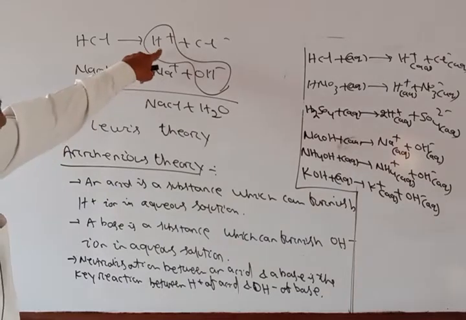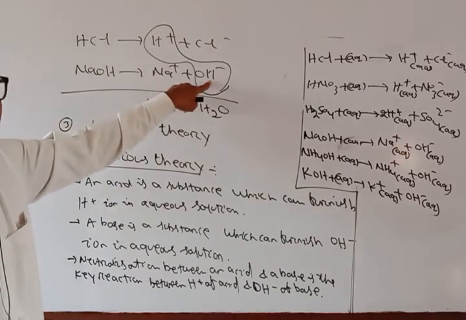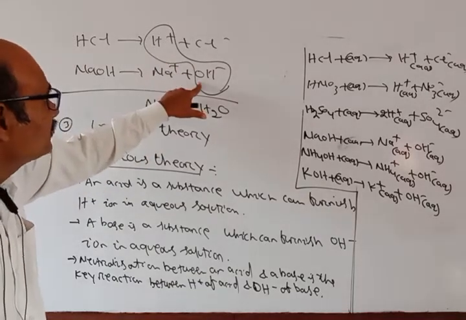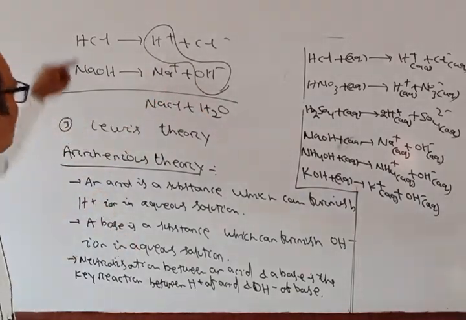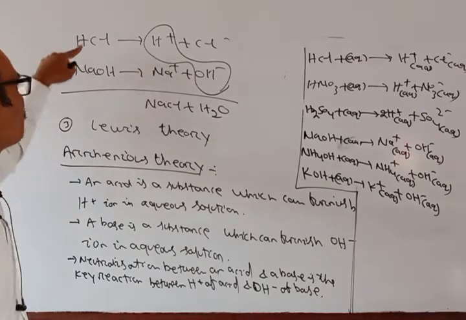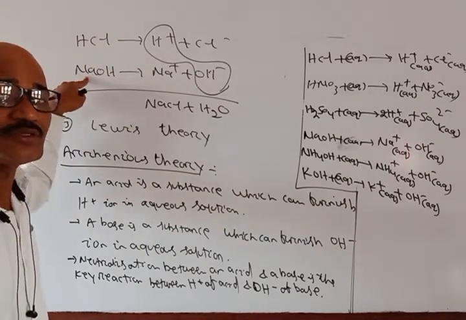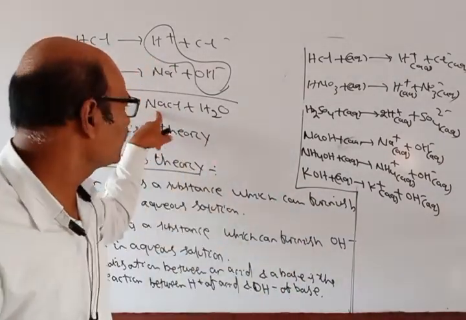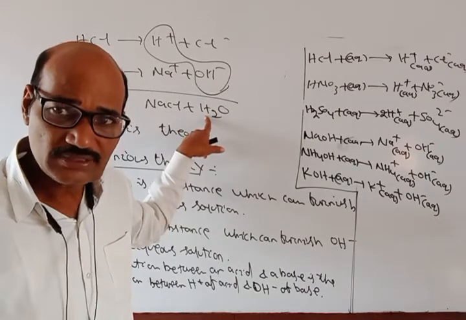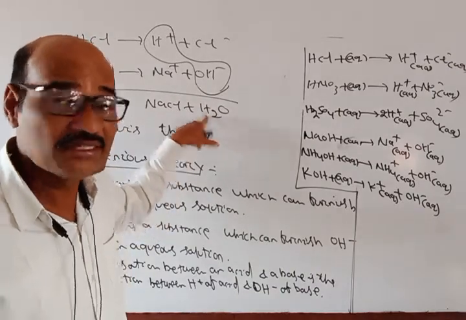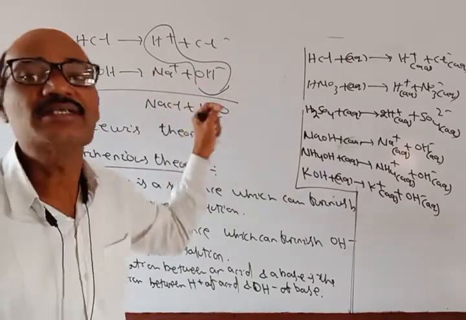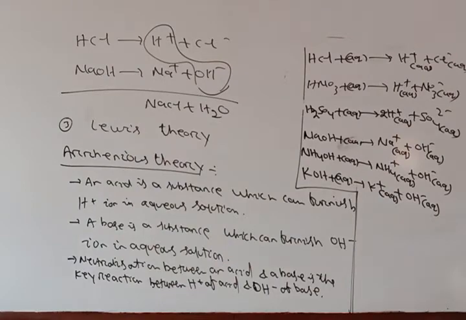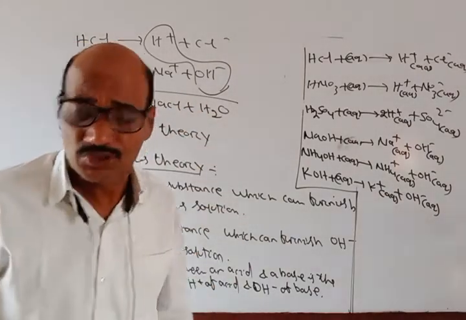Here H plus of the acid and OH minus of the base react to give water, and this is the key reaction of the neutralization of the acid and base. When the acid and base react, a neutralization reaction takes place, where salt and water are formed, and the reaction between H plus and OH minus ion is the key reaction. So this is about the Arrhenius theory.